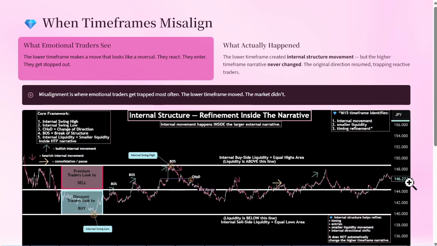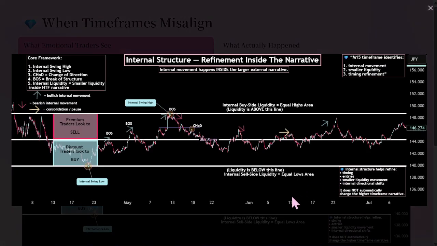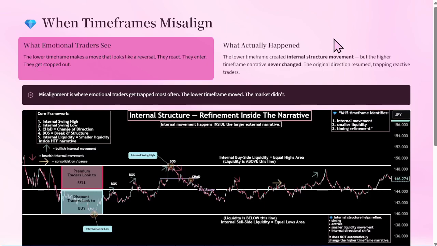Meaning, in the internal move, we had that the market would continue to go higher, but for the higher time frame, like the hour, it's just moving as consolidation. It did not make a higher high. It did not go high. For the higher, it just went to the side. That is when it misaligns.